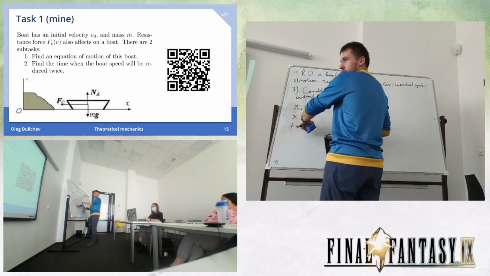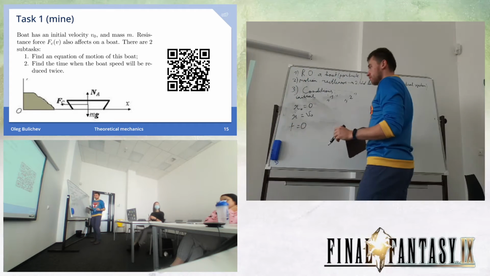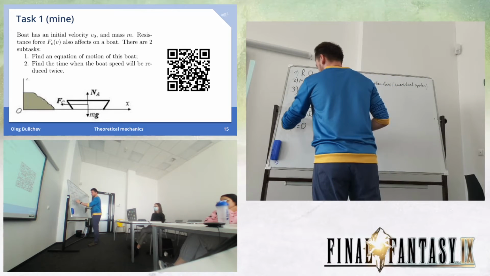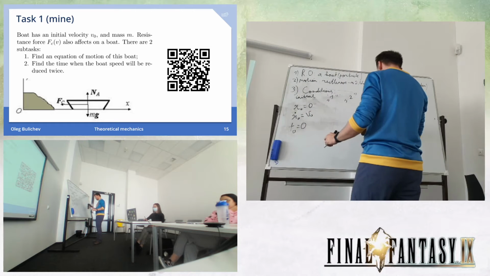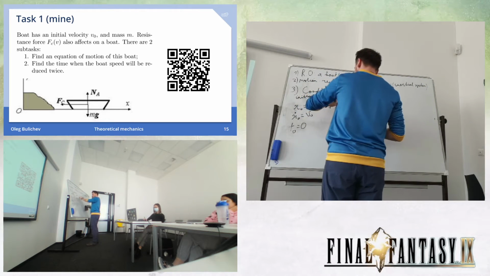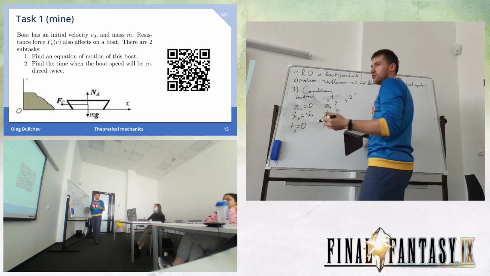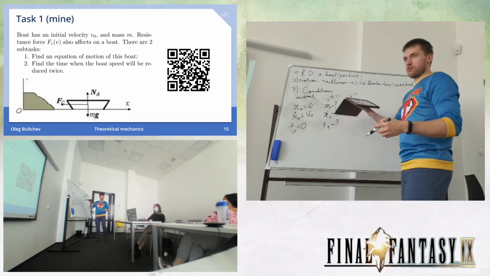We can put any time there. You want to write x dot 0? Yes, time 0. For this case, we don't know anything else, because we are not interested in some particular places.